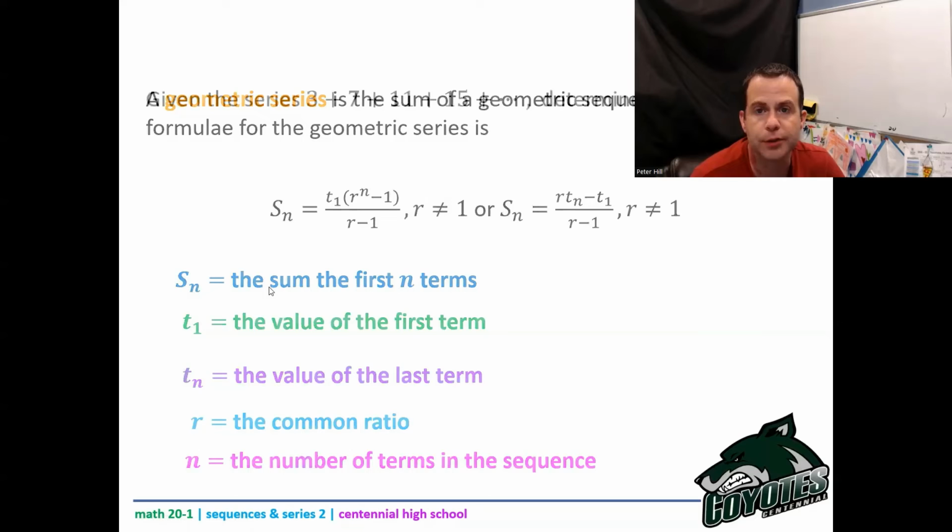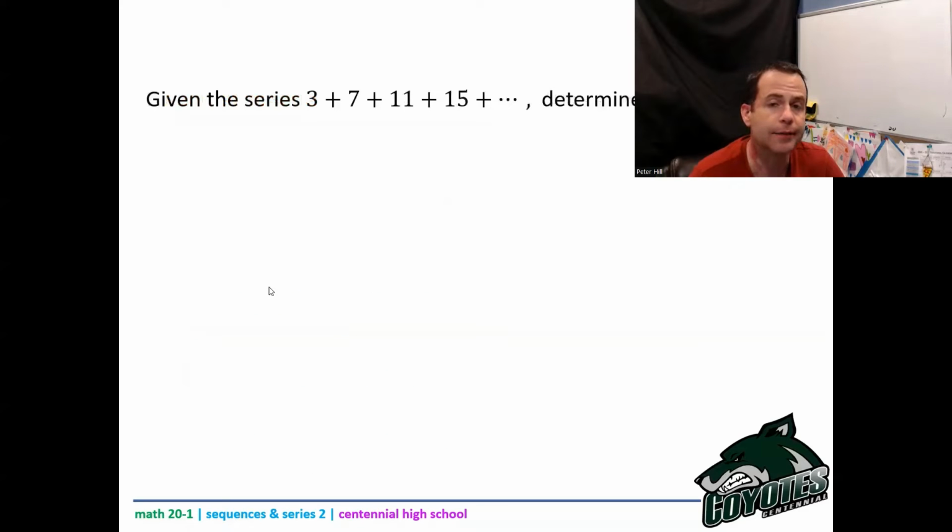Good. So let's try some examples. Given the series 3 plus 7 plus 11 plus 15 plus ..., determine S of 50. First thing you want to ask yourself, is this arithmetic or geometric? Well, I'm going from 3 to 7, 7 to 11, 11 to 15. I'm adding 4 each time.